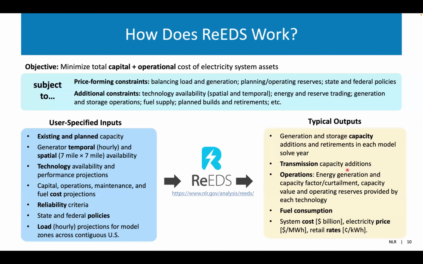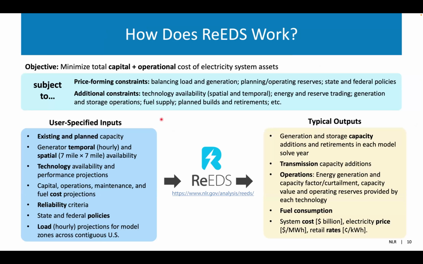So earlier I described ReEDS as a capacity expansion model, which refers to the model's main function of deploying and operating various capacity assets. These would be things like generating technologies, transmission lines, and energy storage units to meet future demand of the US power sector. The decision-making of where, how much, and when each of these assets are deployed and operated is guided by a least cost optimization performed over future model years.